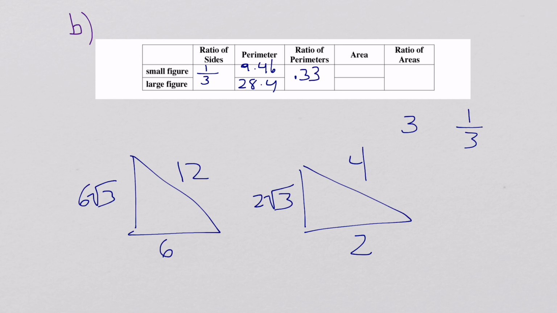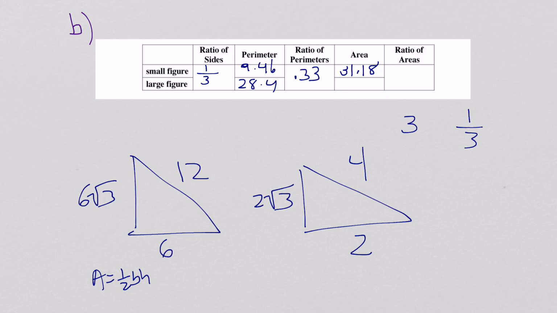Now, I'm going to jump ahead by calculating area. Area is 1/2 base times height. I'm going to calculate it without showing you. I trust that you recognize that this is the height and this is the base. So, 6 root 3 times 6 divided by 2 is about 31.18.